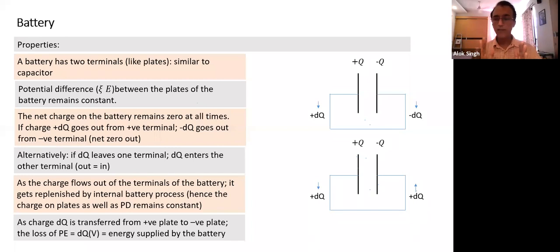So basically it means that at the terminals of the battery, the positive terminal has positive charge and the negative terminal has negative charge. And how do we prove the charges are equal and opposite? Is there any experimental way to prove that the net charge on the battery is zero?